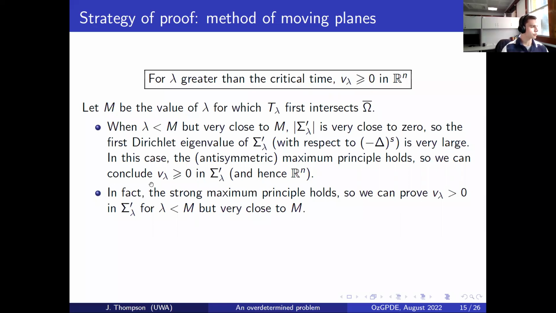And this allows us to conclude that v lambda is non-negative, at least for lambda in this case. And in fact, you can use the strong maximum principle to show that in this situation, we actually have v lambda is strictly bigger than 0 in the left-hand part of omega.